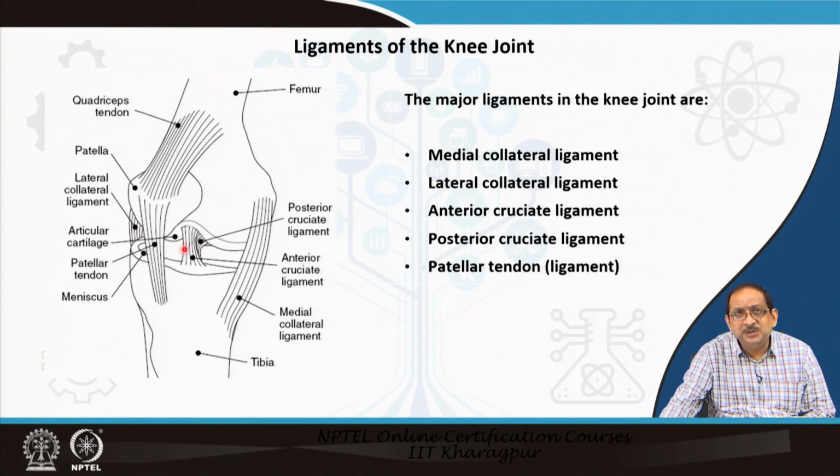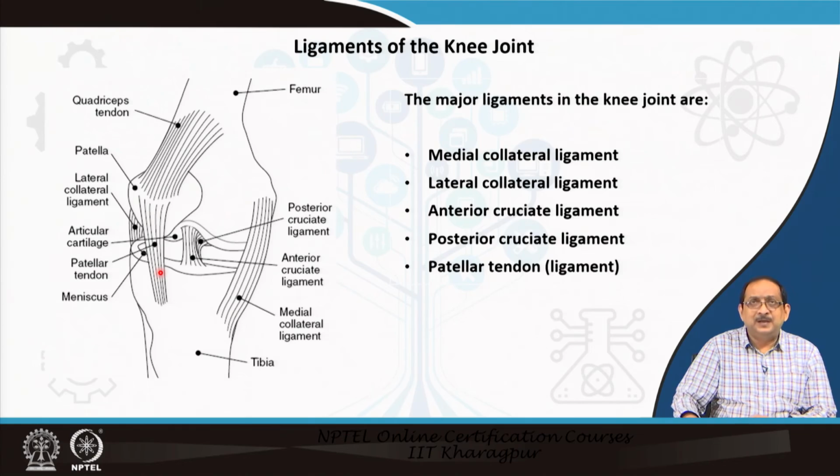The anterior cruciate ligament and posterior cruciate ligament are located more in the middle portion of the knee joint, and there is also the patellar ligament, which is also called the patellar tendon, as indicated in the figure.